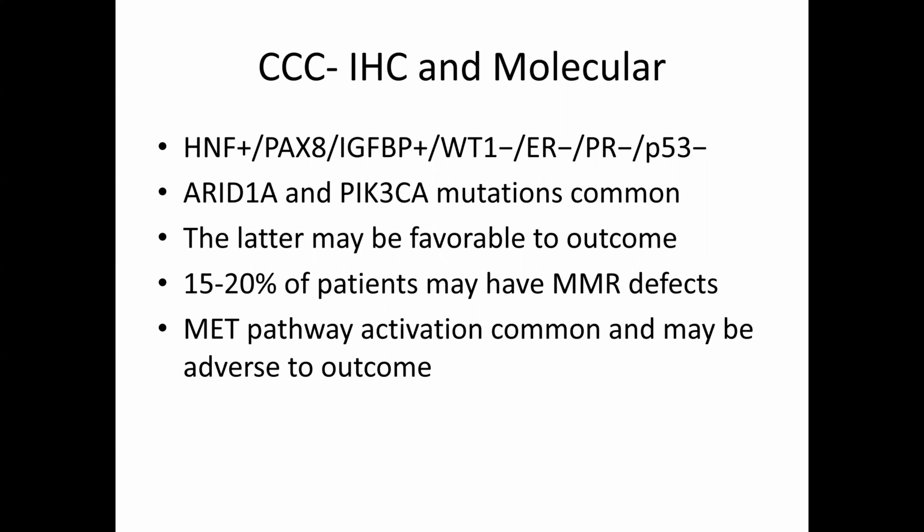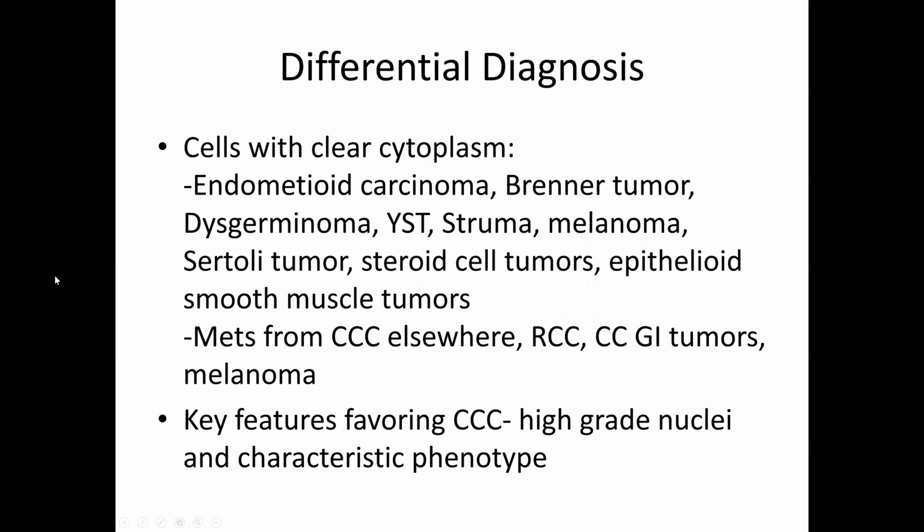So other tumors that can have clear cell cytoplasm or clear cytoplasm would include endometrioid carcinomas, some Brenner tumors, dysgerminomas, yolk sac tumors we've mentioned, struma ovarii, melanoma occasionally, Sertoli cell tumors certainly, steroid cell tumors, and some epithelioid smooth muscle tumors, potentially PEComas, for example, as well.